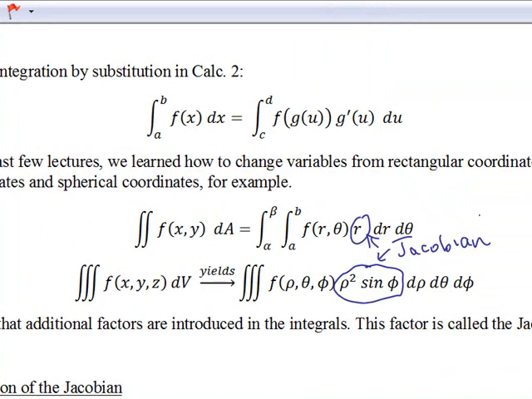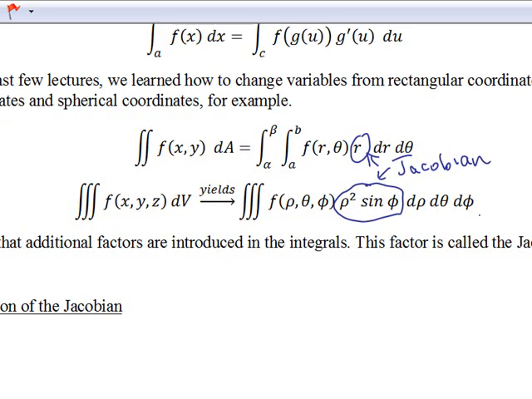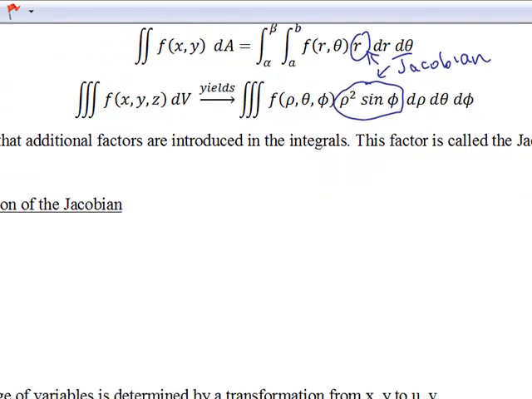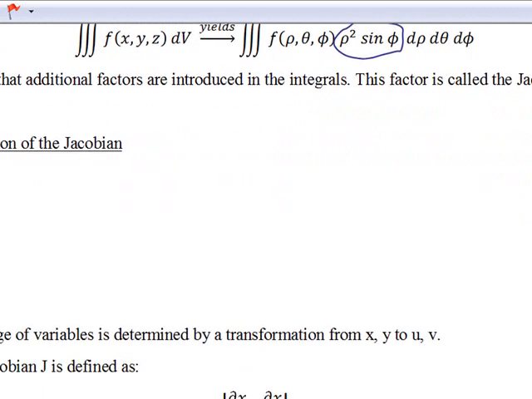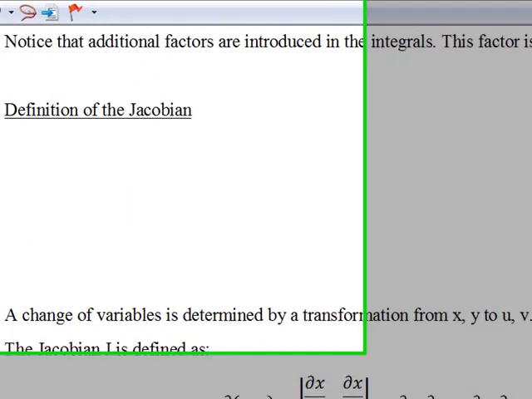Okay. So let me give you the definition of the Jacobian. So what we have, let me go back to my blackboard.